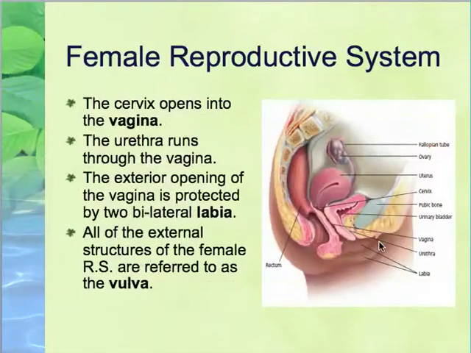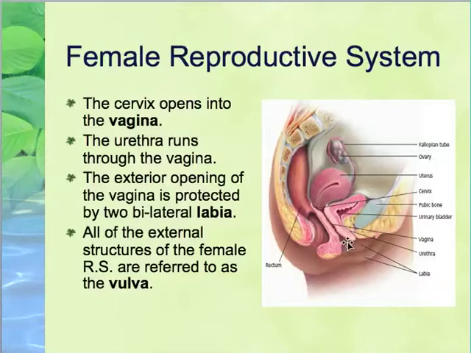All right. Now we see a side view. We see the ovaries, the fallopian tube, the uterus, and then the cervix. The cervix opens into a canal referred to as the vagina. The vagina will continue to the opening where it is protected by two bilateral labia. Labia are these large skin flaps that protect the external opening of the vagina.